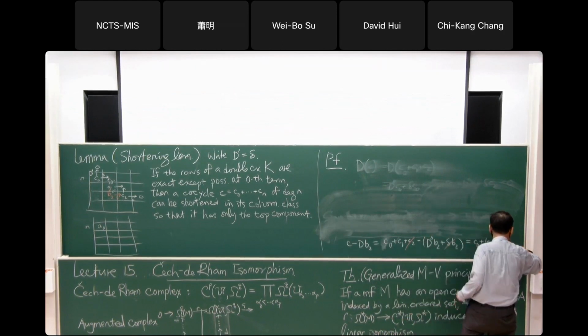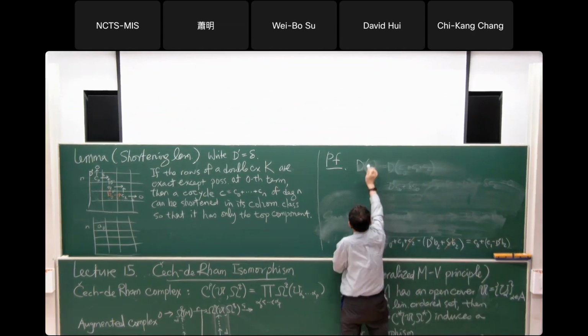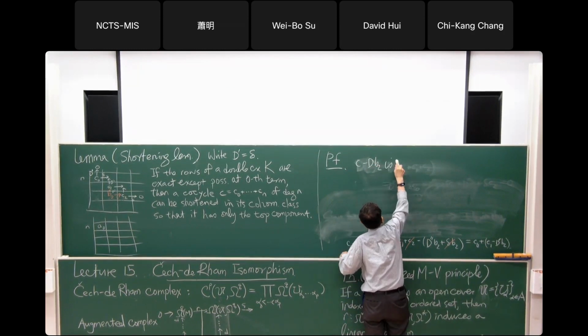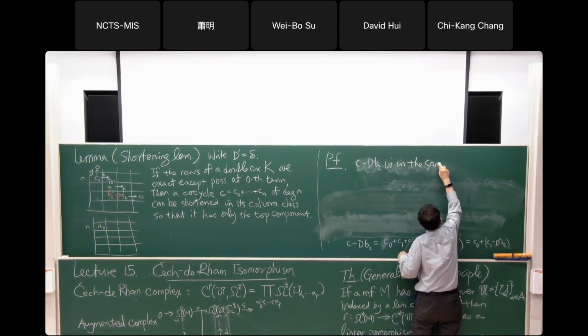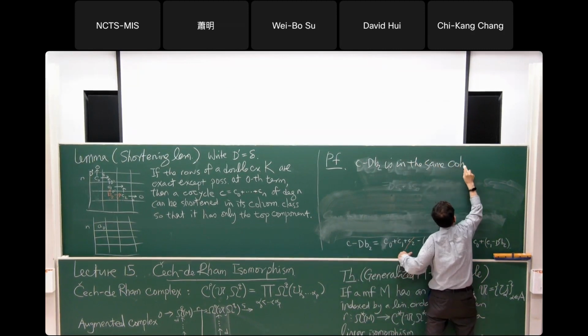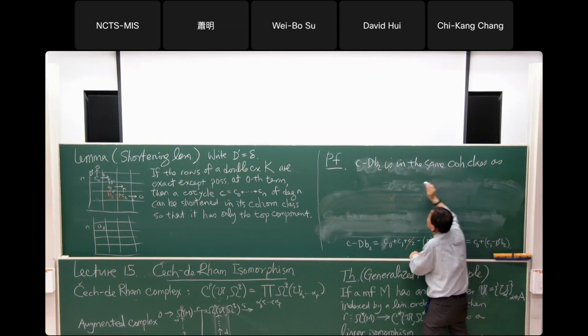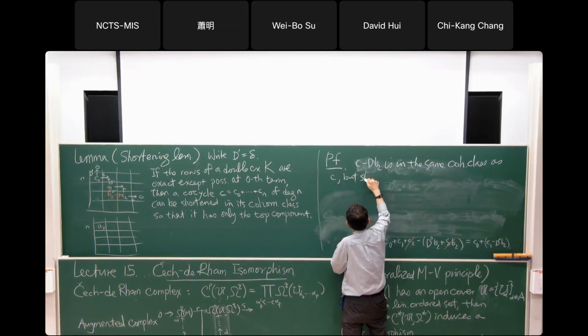Okay, so in this way, C minus DB2 is in the same cohomology class as C, but shorter.